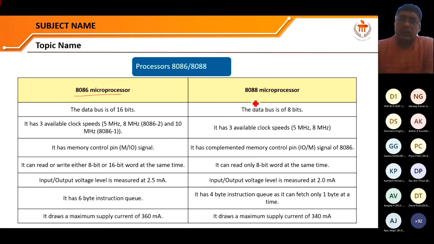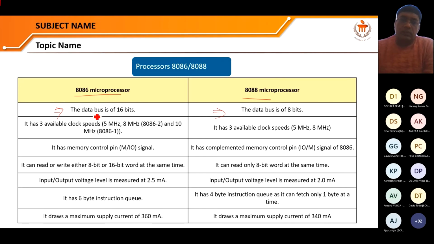What is the meaning of 16-bit and 8-bit buses? We already discussed this when we started this topic. We have buses: address buses and data buses. First is the data bus. What is the data bus's role? It transfers information from one place to another within the system.